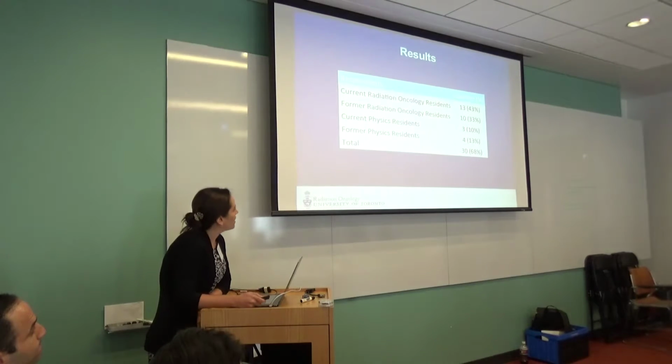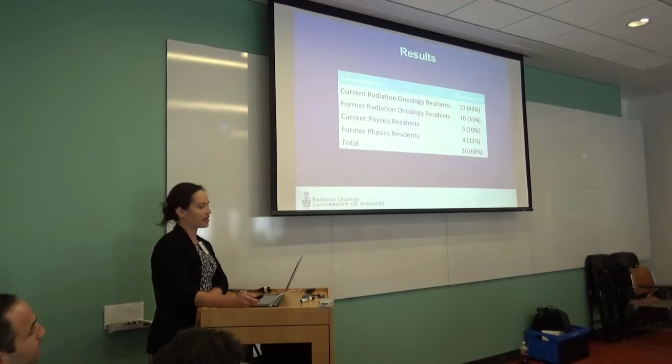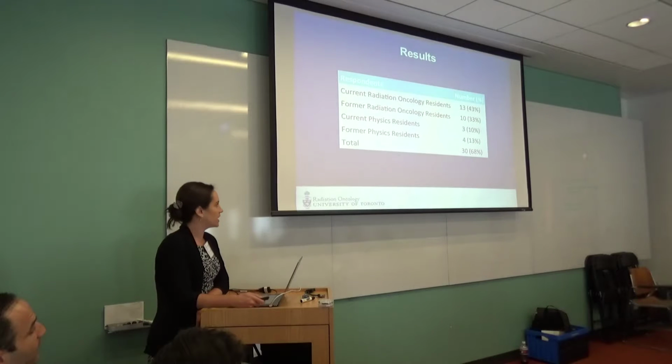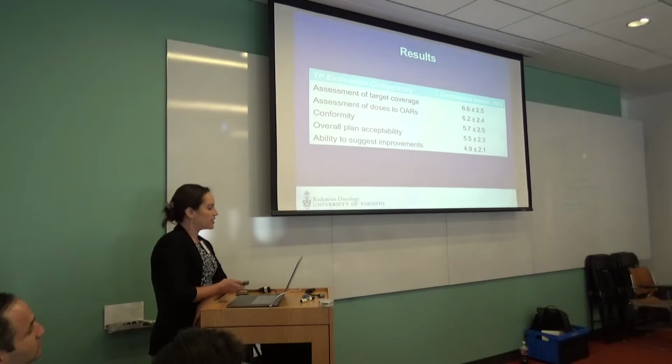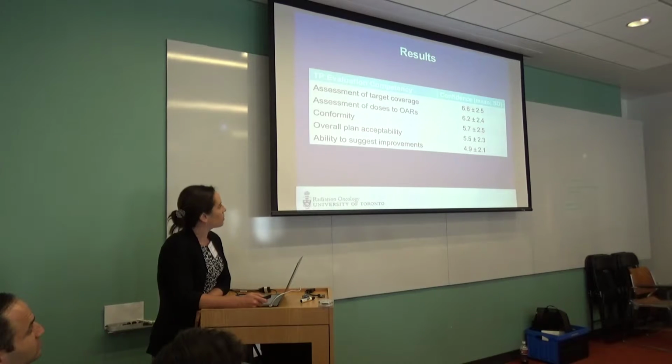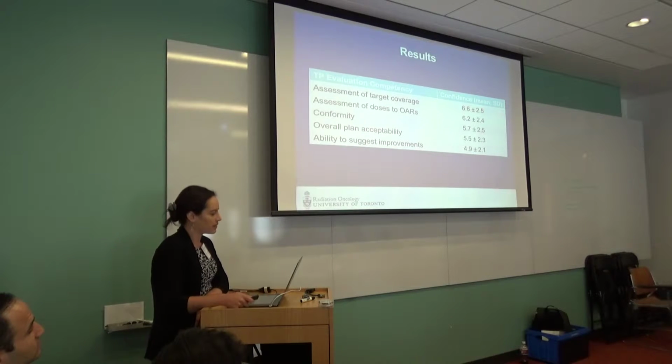So you can see we had about 30 respondents, which was almost a 70% response rate, and that is the breakdown of the different trainees who responded. And these are some of the aspects they ranked their competence regarding treatment plan evaluation.